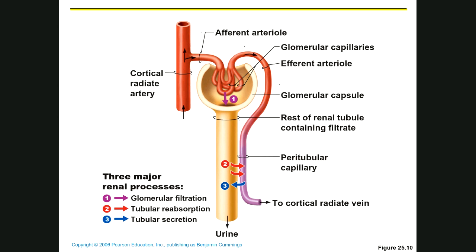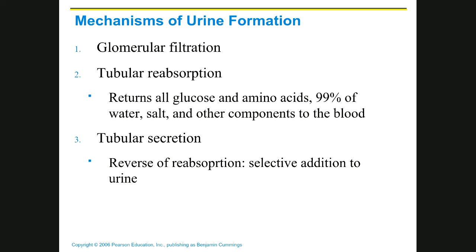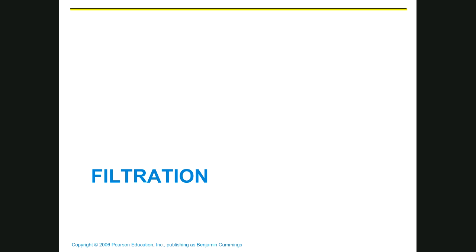So let's look at these. Let's look at filtration first. Well, in order to do filtration, you actually need three things. And I bet a bunch of you did filtration already today.